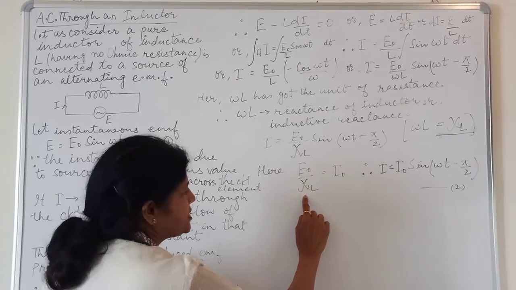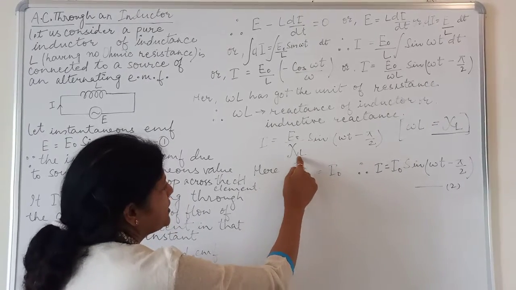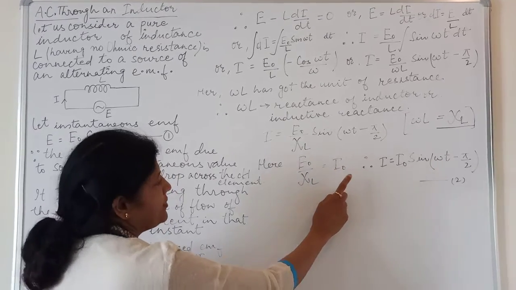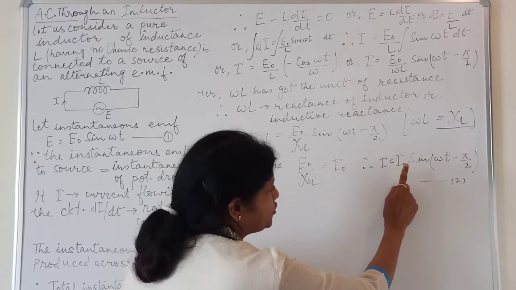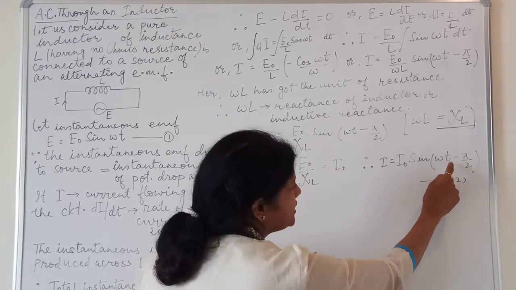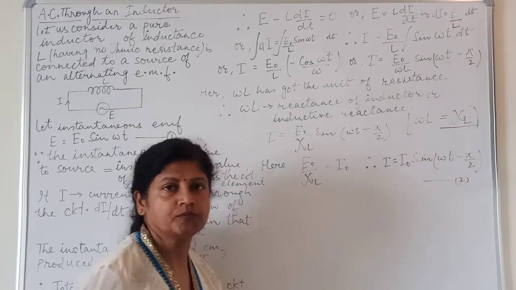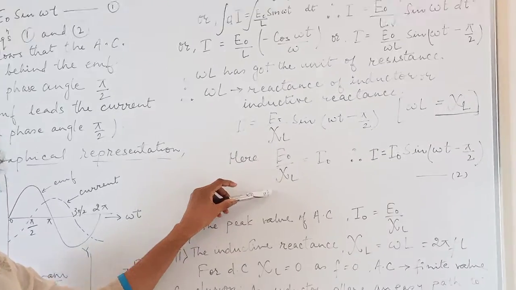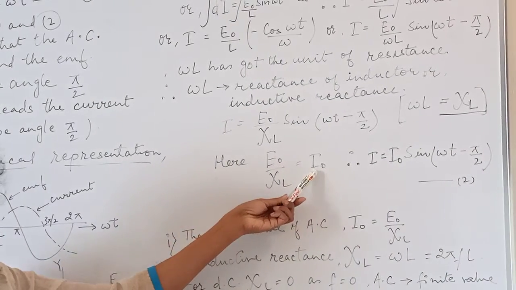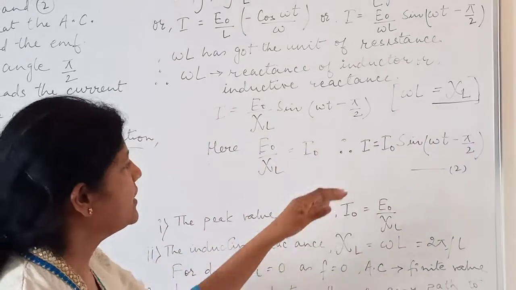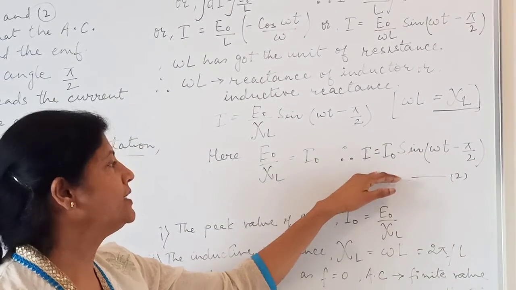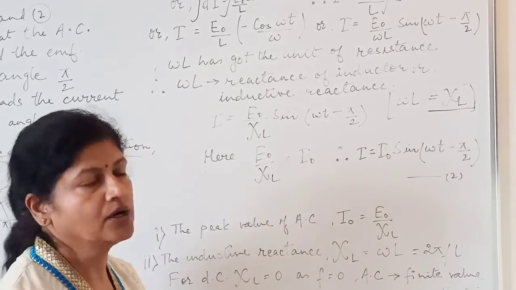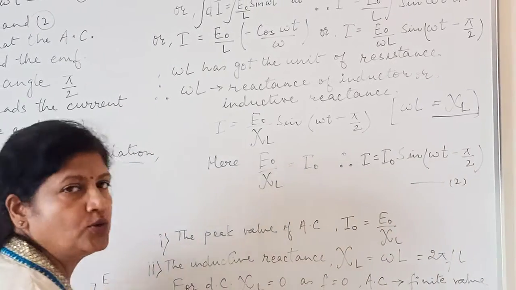And if we substitute I naught for E naught upon X_L, we can write I is equal to I naught sine omega t minus pi by 2. Here E naught over X_L is equal to I naught. Let it be equation number 2.